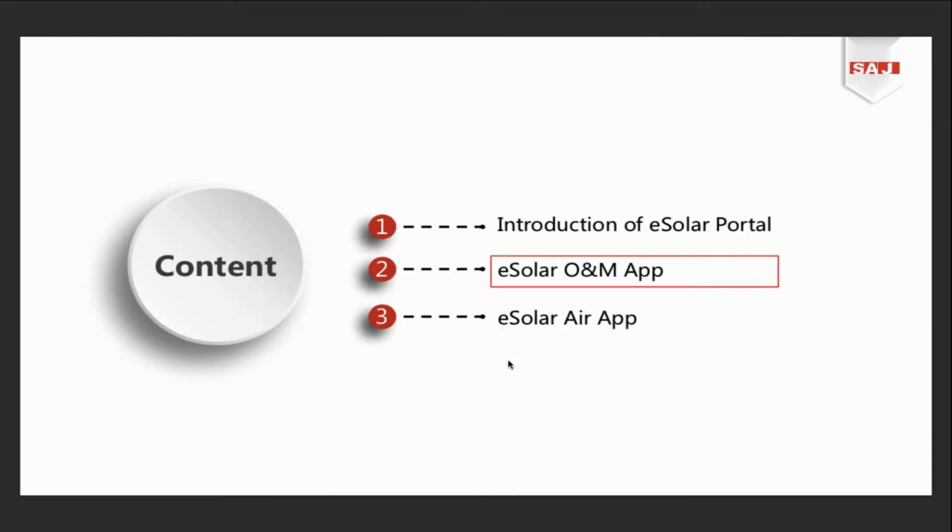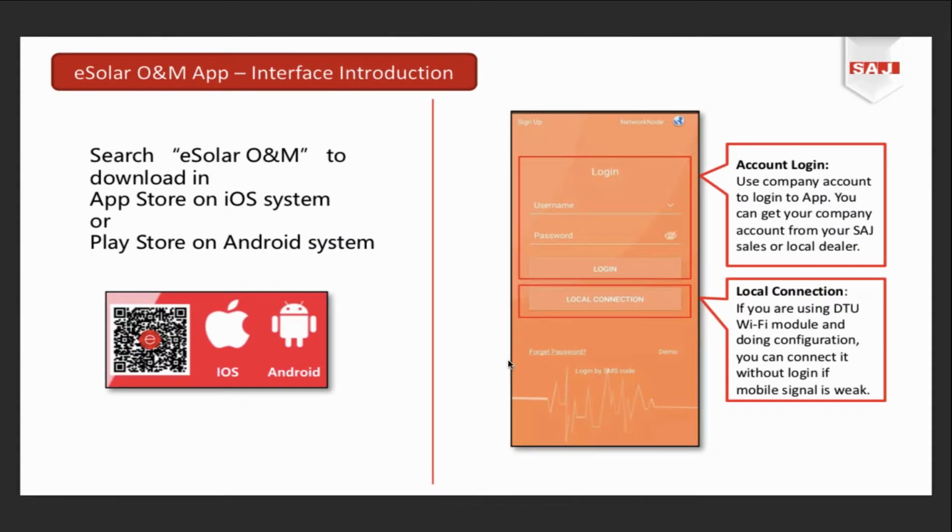So let's look at the eSolar O&M app. O&M means operation and maintenance. Firstly, if you want to download it, you can simply search eSolar O&M. It's on the App Store on iOS or the Play Store on Android.